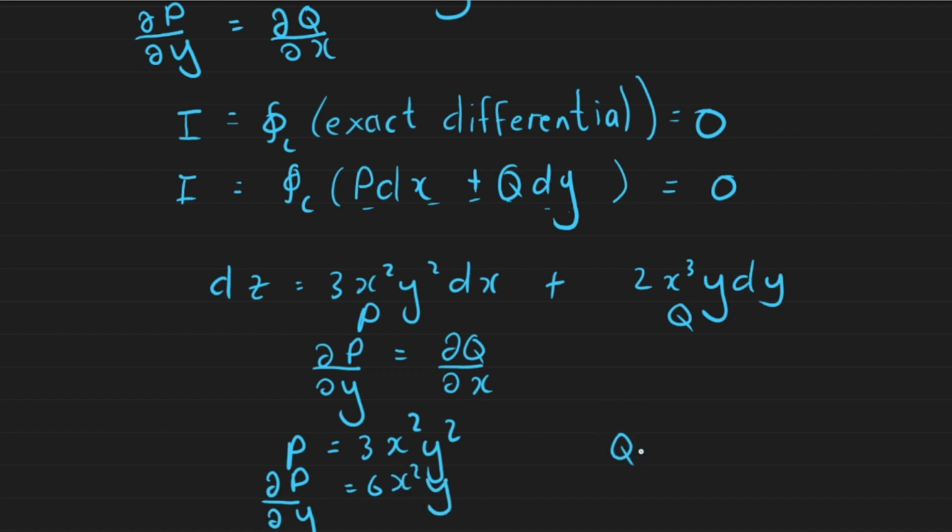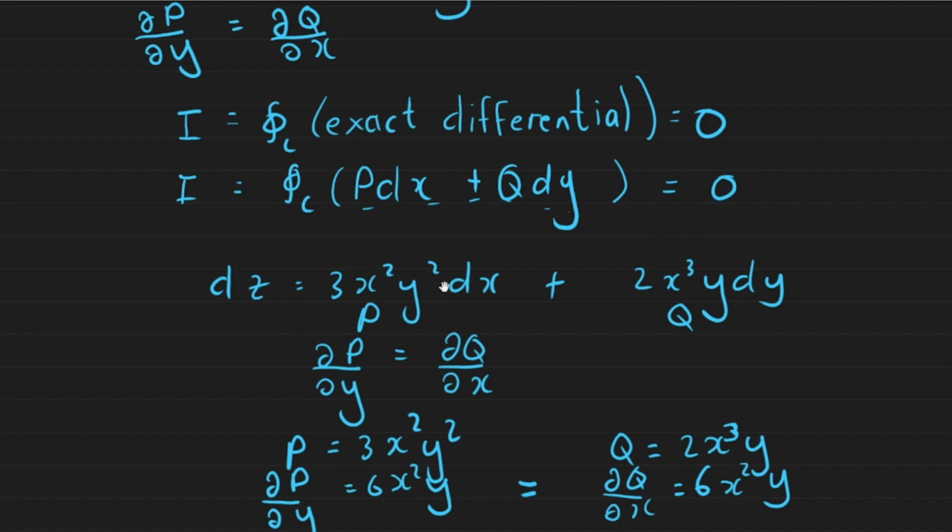If we do the same with q, and differentiate it with respect to x, that's dq/dx. Sorry, this is a cubed. So 3 times 2 is 6, and 3 minus 2 is 2. We get 6x squared y. So what do we see? We see that indeed the derivative of p with respect to y is equal to the derivative of q with respect to x. So this means that it is an exact differential.